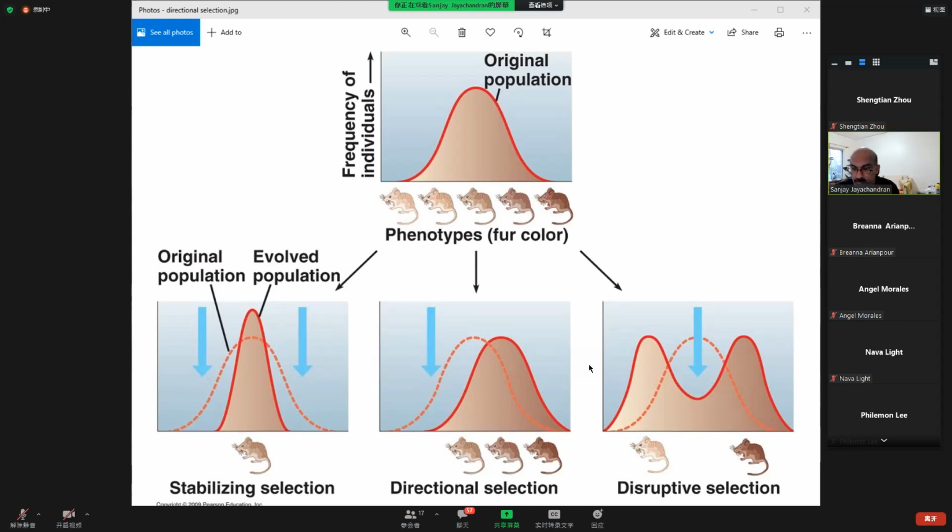So who's being favored here in stabilizing selection? Which guys are being favored? Anybody know?